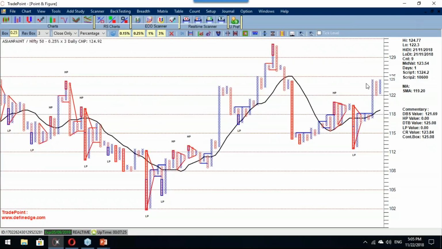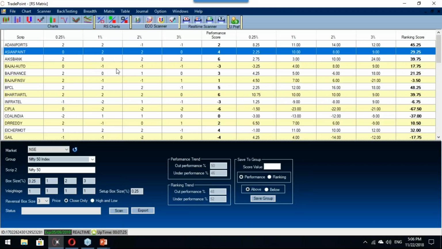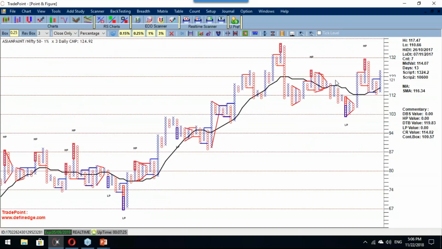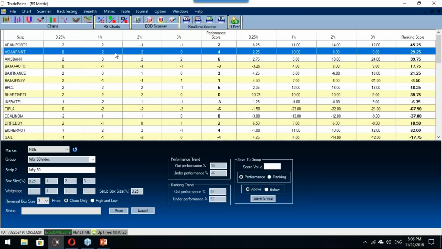So a score of 0 has been assigned because the software thinks that there is no clear cut trend here, no pattern, right? We don't have a double top buy or a double bottom sell. The X is at the same level, so it's not a clear cut buy or a sell. So a score of 0 has been assigned. If you look at the 1% box size, buy signal, column of X, obviously the score is 2.